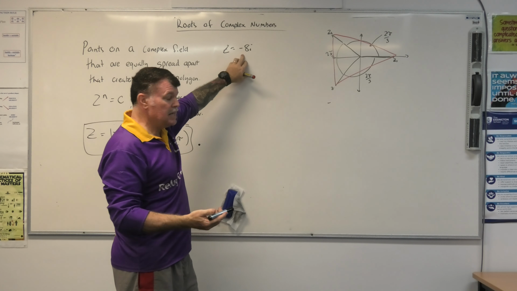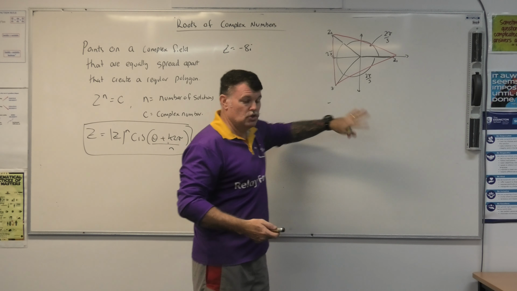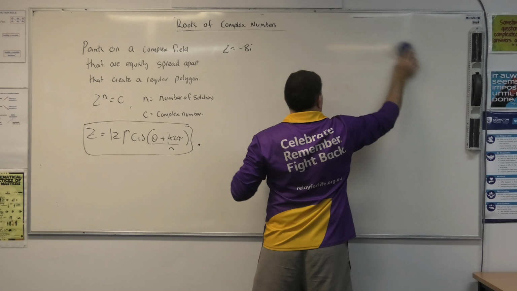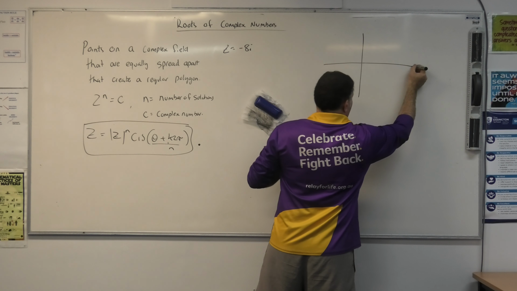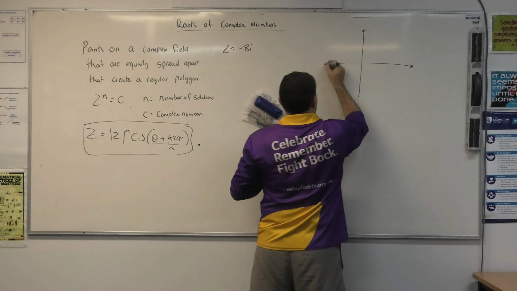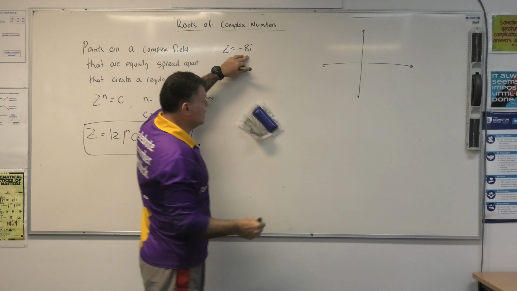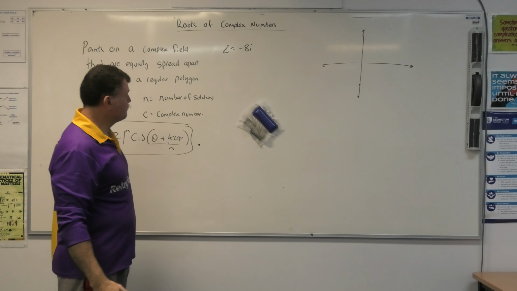We don't keep the negative in there because the negative is just telling me where it sits on this unit circle, or on this Cartesian plane. So if we looked at this in terms of the placement, I have -8i.